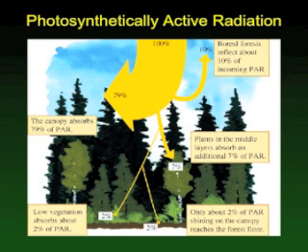In figure 7.3 of your book, it shows you what happens with the photosynthetically active radiation that comes from the sun after it's passed through our atmosphere.